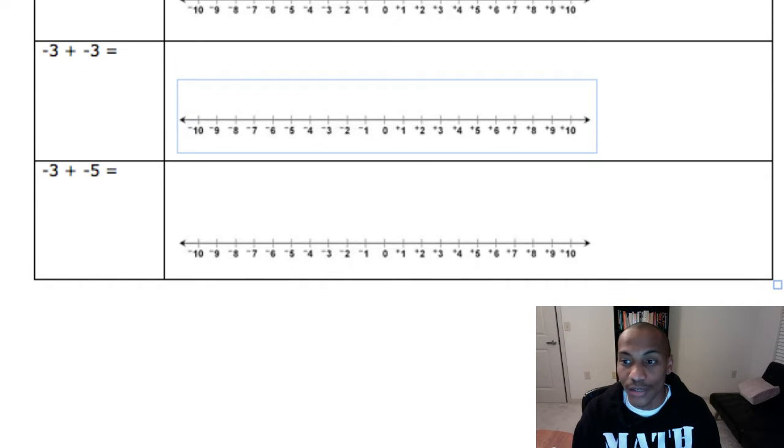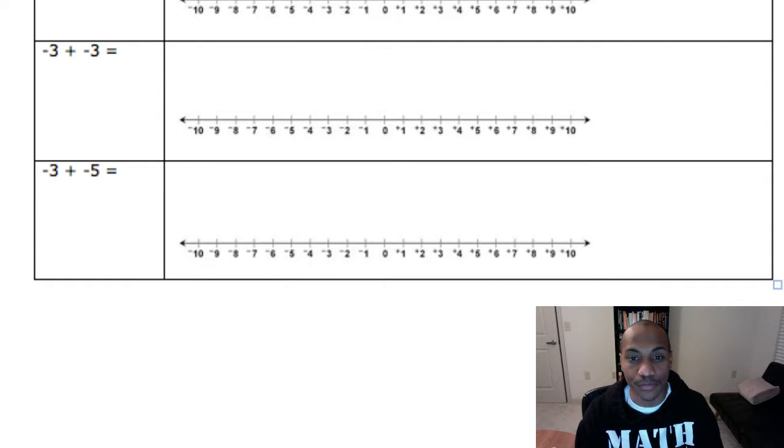Let's do some negative numbers. This one, let's really think about this. I know I'm starting at, yeah, that's right, I'm starting at 0. So I know I'm starting at 0, and I'm going to move, am I moving to the right or to the left? Well, seems like I'm going in a negative direction, so I want to go more towards where there's more negative value.